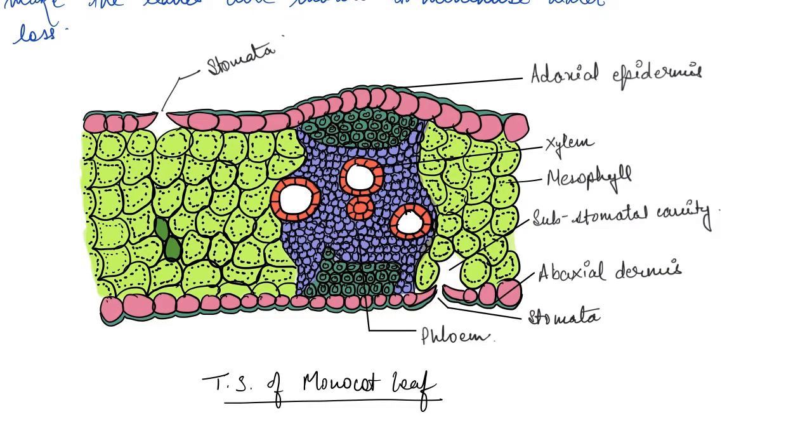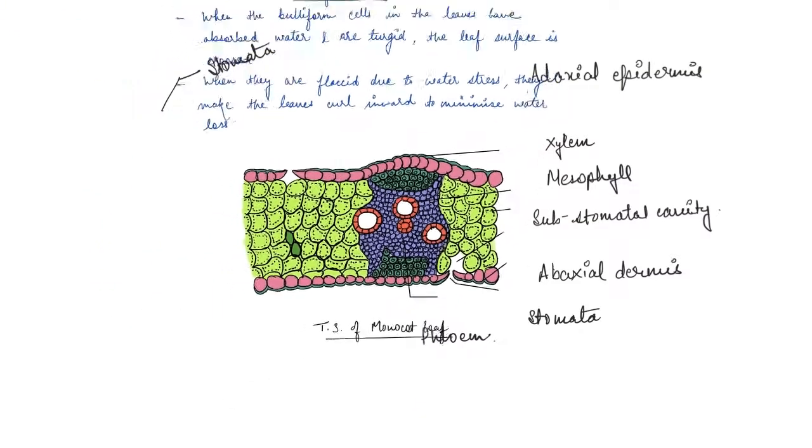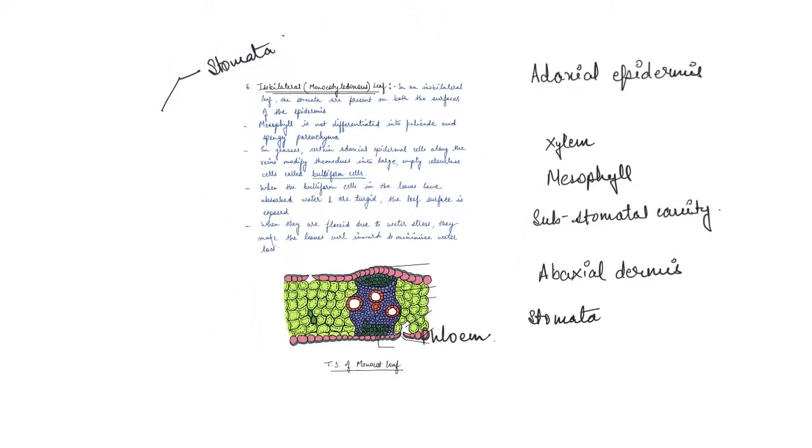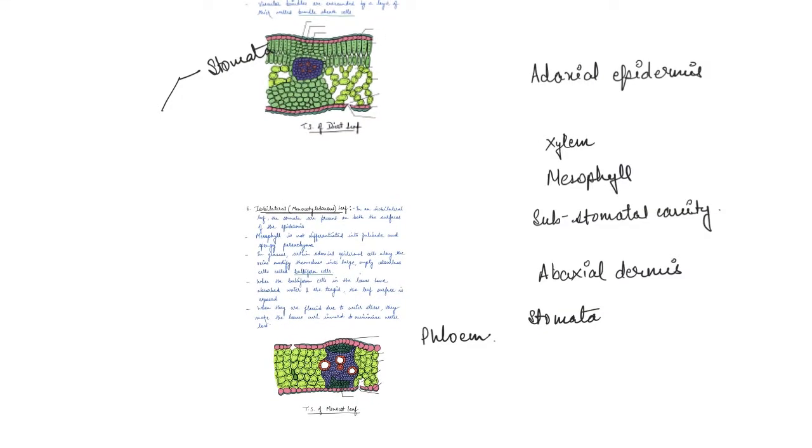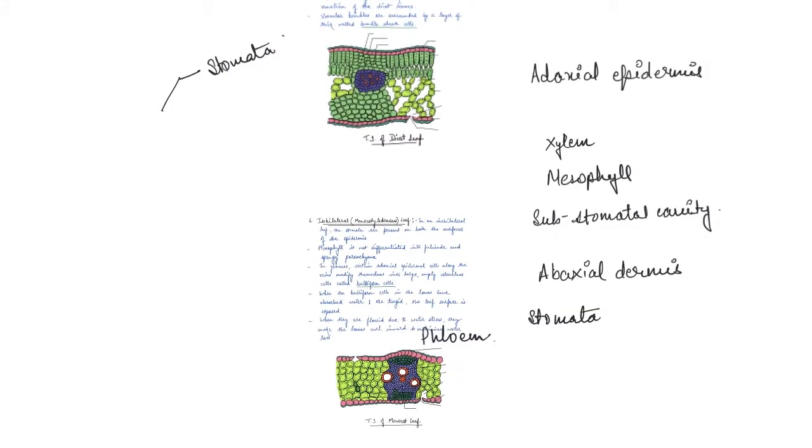Okay, so again, you can see the difference if you see both these structures, right? So let me just try and zoom in a bit to make you understand both these structures. I hope both these structures are clear. So if you see here, you have different types of cells present here, but here you have just one type of mesophyll.